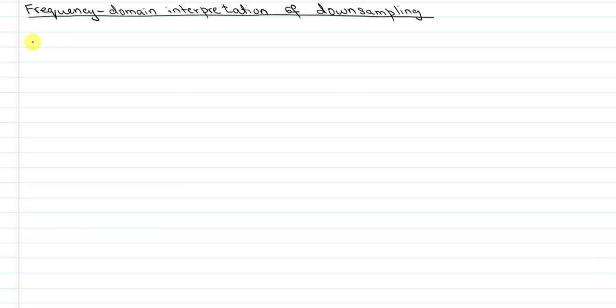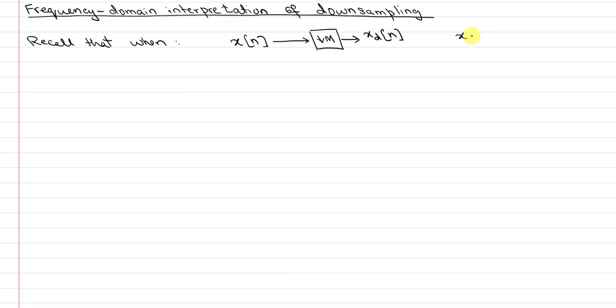In particular, recall that when we have the following block diagram, we have a signal x[n] that we downsample by a factor of M to get x_d[n], and x[n] is related to an underlying continuous time signal. So x[n] was obtained in the following way. We sampled every T seconds.